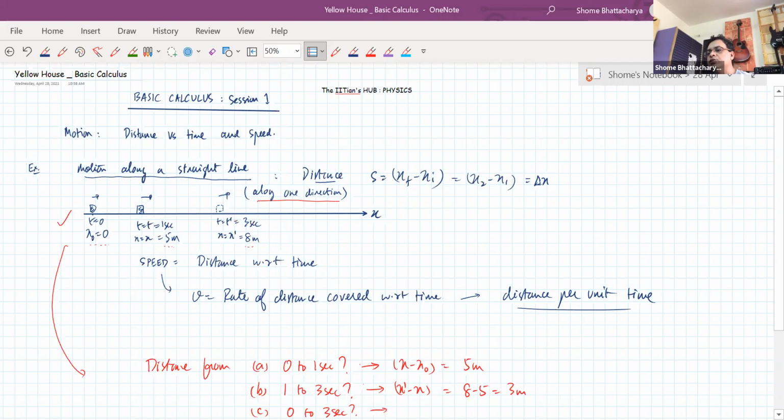And obviously, this should be the sum of these two, because it's not changing direction in between. So it should be 8 meters. In the first 1 second, it is covering a distance of 5 meters. In the next 2 seconds, it's covering a distance of 3 meters. And in the total interval from 0 to 3 seconds, it's covering a distance of 8 meters.